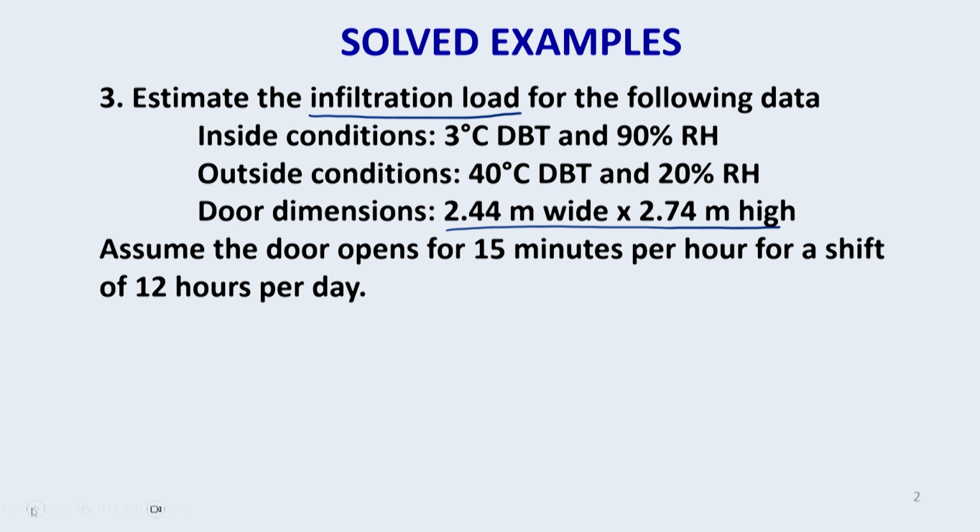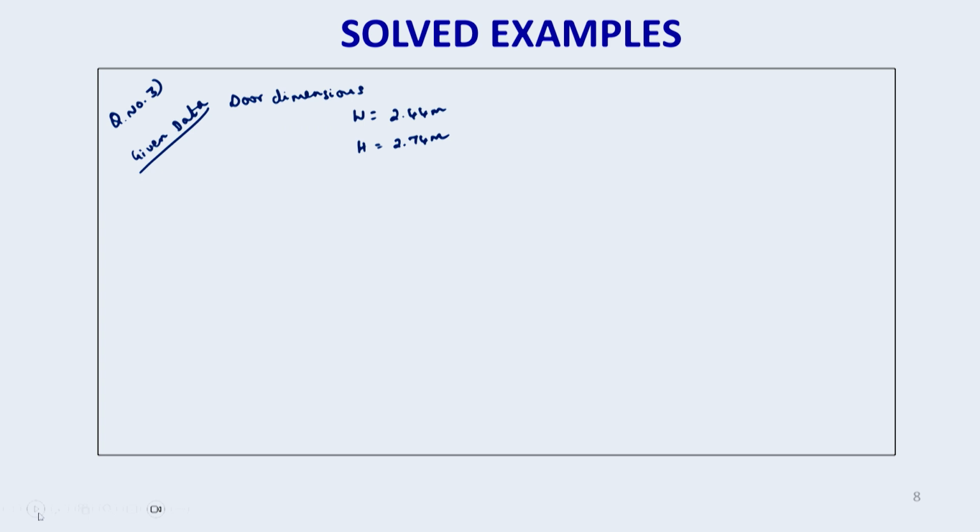T1 is 3 degrees centigrade, that is the inside condition. Outside condition is 40 degrees, so T2 is equal to 40 degrees centigrade.